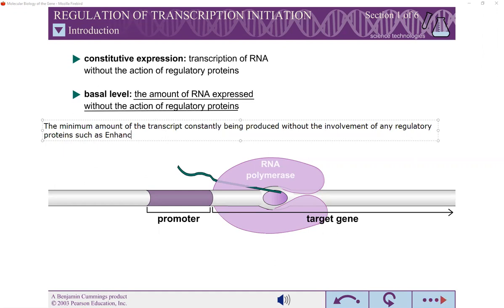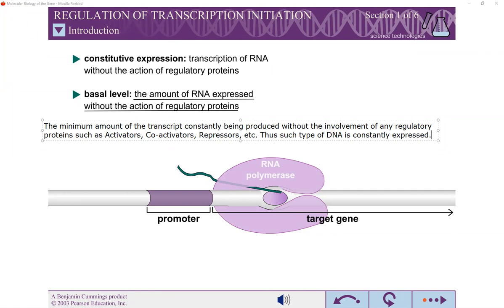enhancers, silencers. Regulatory proteins will be activators, co-activators, repressors, etc. Thus, such type of DNA is constantly expressed.